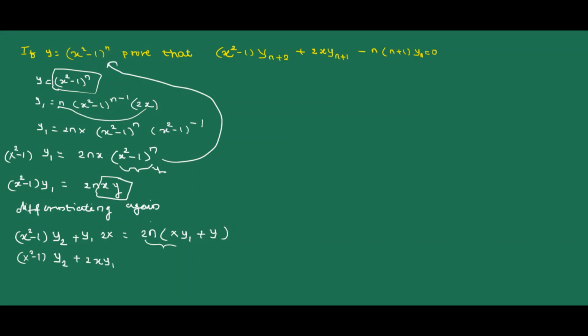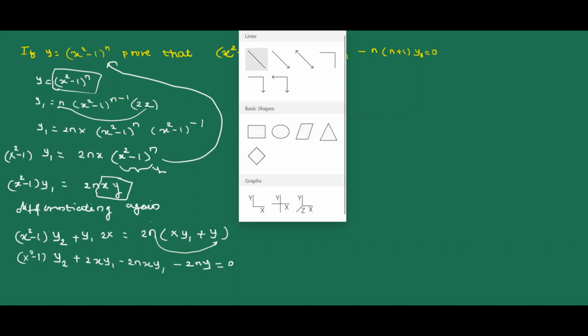If you simplify this and transpose to the right hand side, you will get 2nx y1, transposed to the left hand side -2nx y1. Similarly, multiplying the last term with 2n into y is equal to 2ny, transposed to the left hand side -2ny is equal to 0.